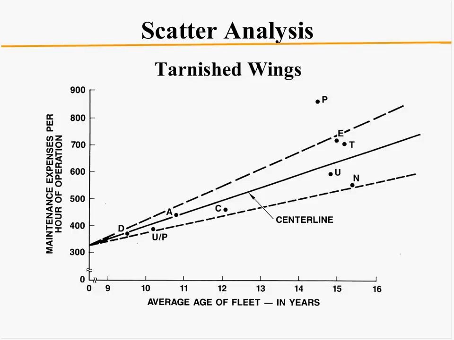But in this case, you'll notice that if we take this data, we can see there are two clusters there. One has a center line that's approximately the same as the center line for the entire data set. The other, if you draw a line between P, E, T, U, and N, is going to be approximately at right angles to the original center line. It looks like we have two separate groupings there, two separate clusters.